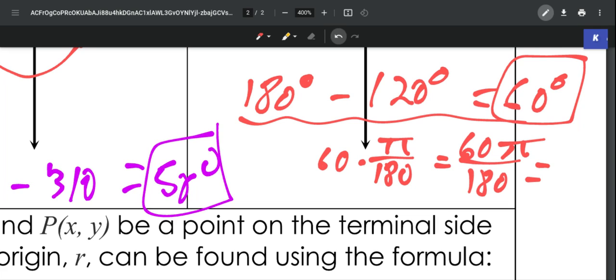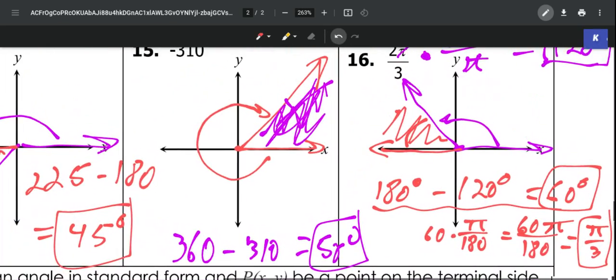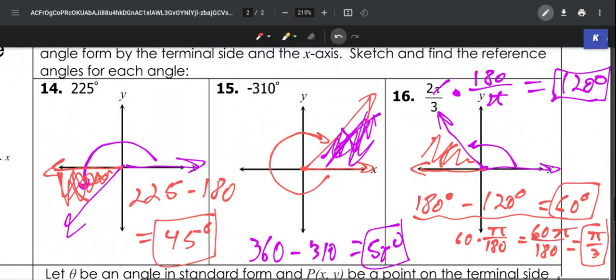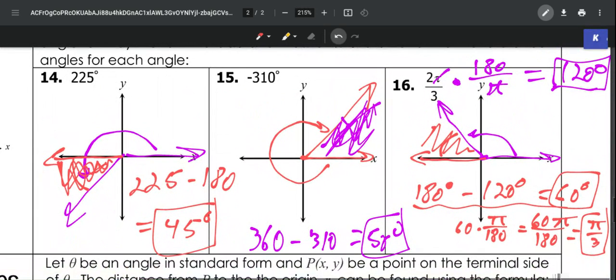And then we just reduce 60 over 180, which will be 1 over 3, which is pi over 3. So that's how you deal with radians when you're looking at reference angles.